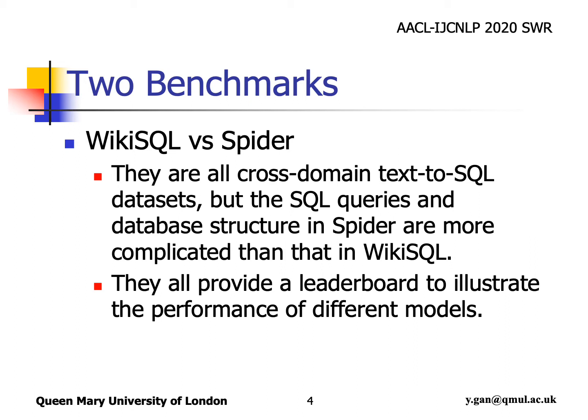WikiSQL and Spider are both cross-domain text-to-SQL datasets, but the SQL queries and database structure in Spider are more complicated than those in WikiSQL. These two benchmarks both provide a leaderboard to illustrate the performance of different models.